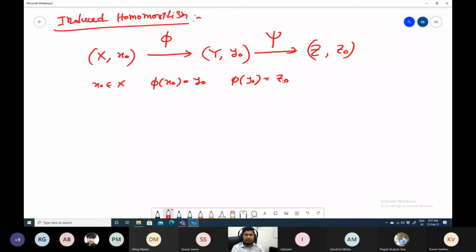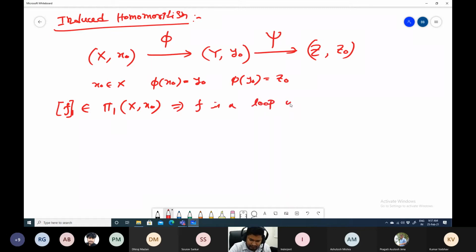Okay. Now we have this map. Now if you have say f belongs to pi1 of (X, x0), that means f is a loop with base point x0.